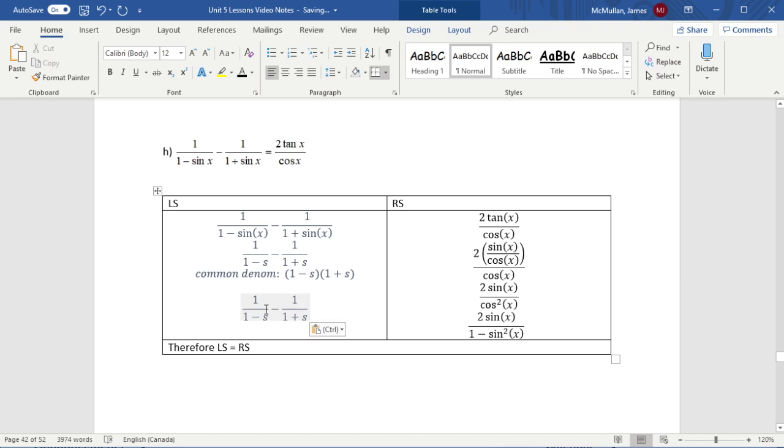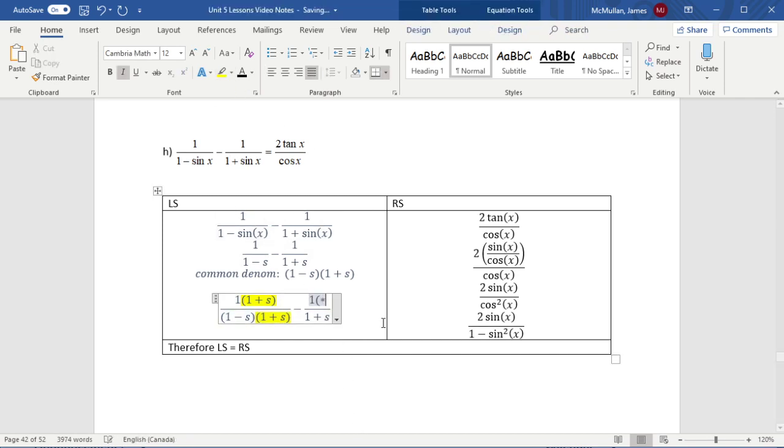Okay, this side needs a 1 plus s on the bottom and on the top to make a common denominator. Again, I'll just put that in a different color if I can manage this. That side needs a 1 plus s on the top and bottom.